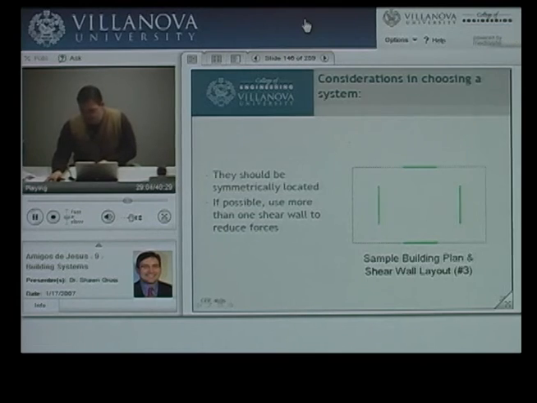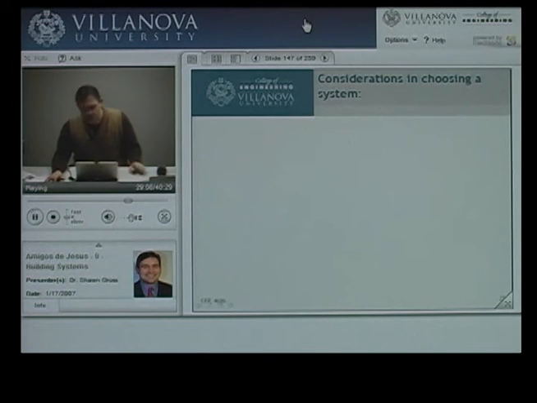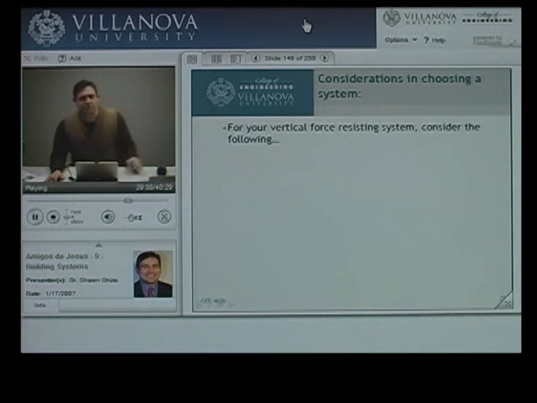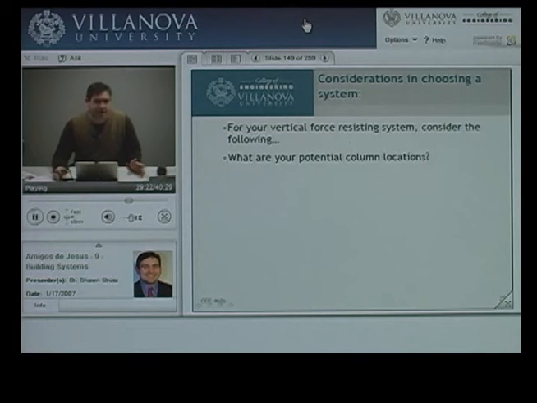If we move on to some considerations for your vertical force resisting systems, we know you're going to use a shear wall, or rather at least several shear walls, hopefully, in your lateral resisting systems. For your vertical force resisting systems, some of the considerations are going to be more based on things like potential column locations. Okay, the ballroom example of not putting a column in the middle of the ballroom to resist vertical loads.